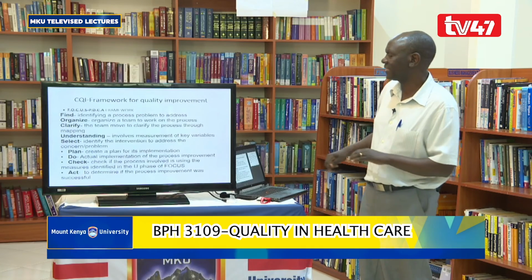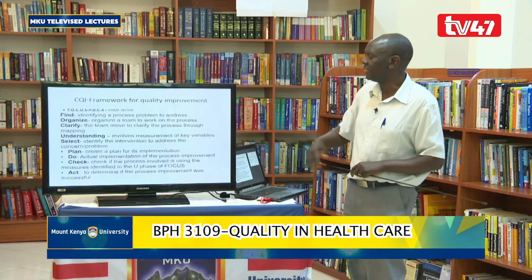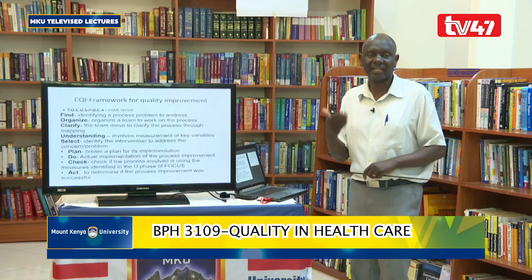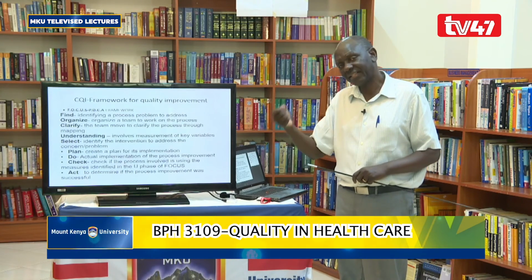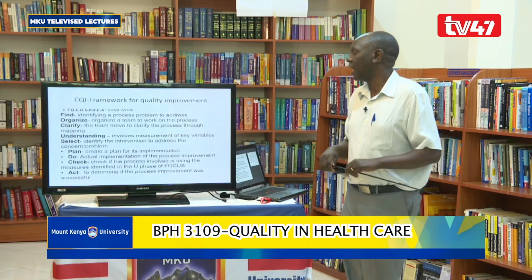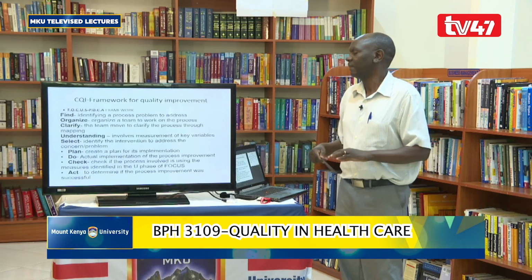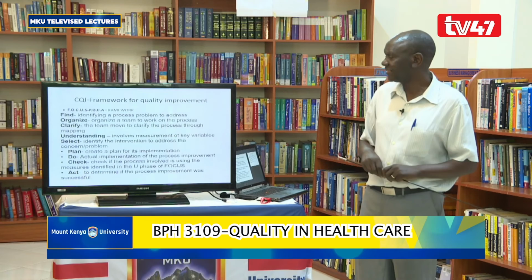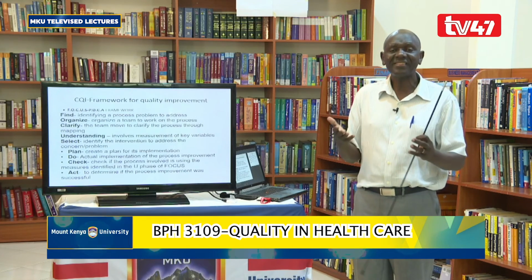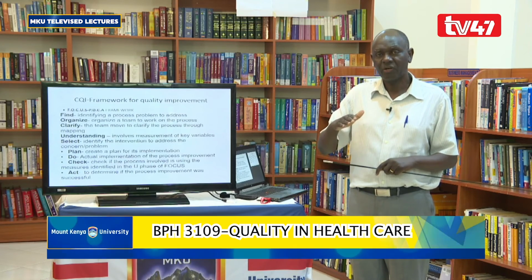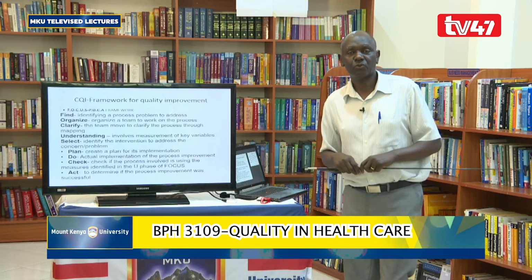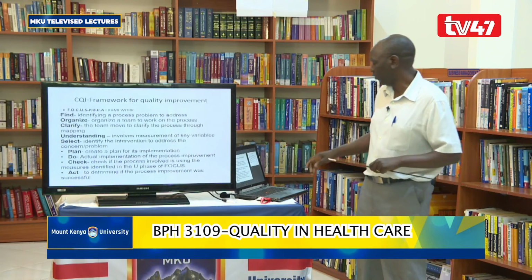We will discuss more in detail about this, and then the next is to check. Check means you analyze, you collect the data which I have said, and lastly, you act. Act means that once you collect your data, you have to determine whether you have been able to solve the problem or not.